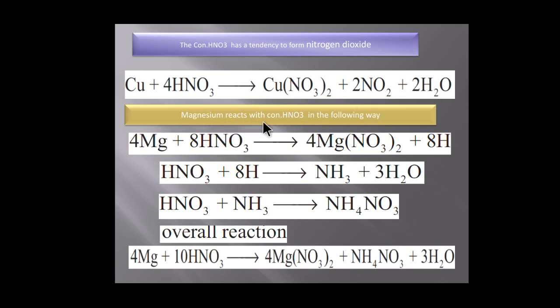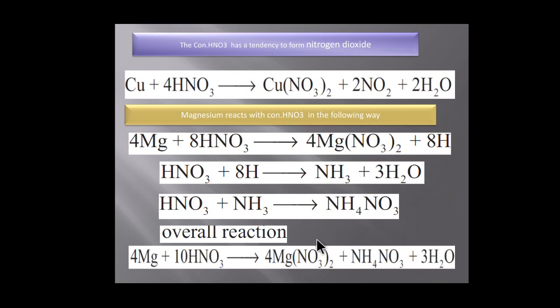Magnesium reacts with concentrated HNO3 in the following way. Magnesium reacts with concentrated nitric acid to form magnesium nitrate, and further reacts with nascent or atomic hydrogen to form ammonia, and ammonia reacts with nitric acid to form ammonium nitrate.